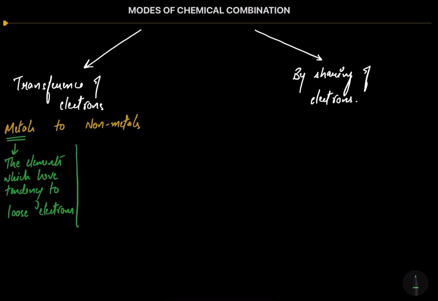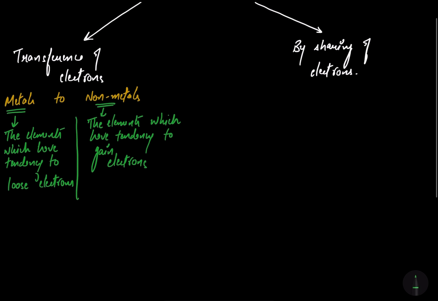Now let's talk about what non-metals are in terms of electrons. The elements which have a tendency to gain electrons. So there will be transference of electrons from metals, as they are losing electrons, to non-metals, as they are gaining electrons. Let me take an example.